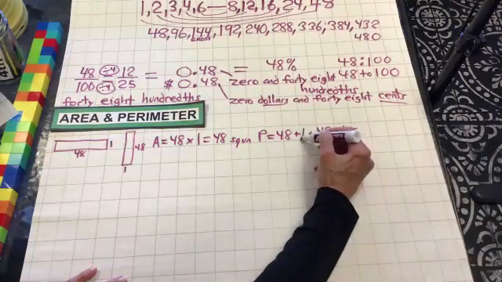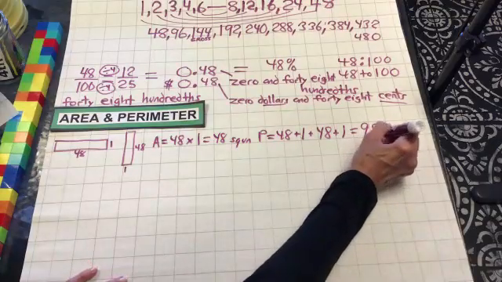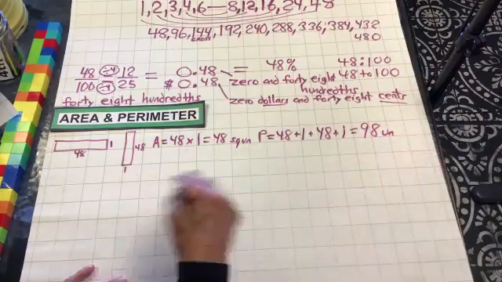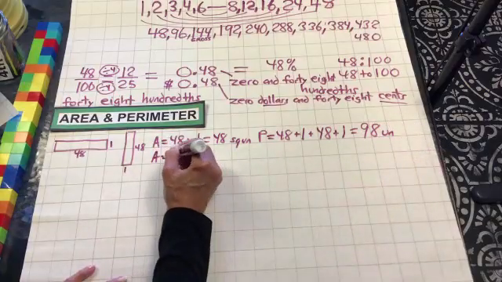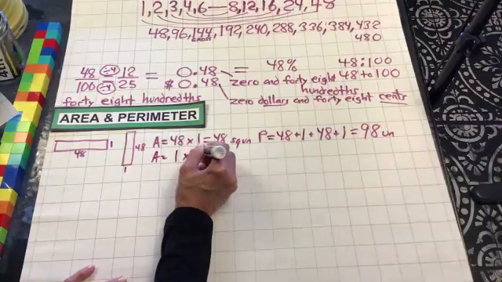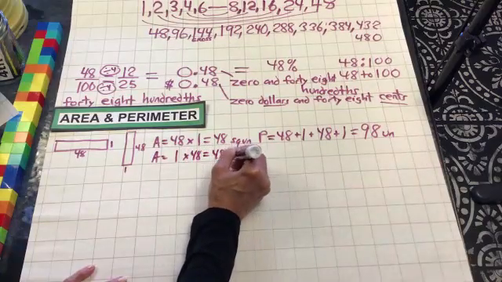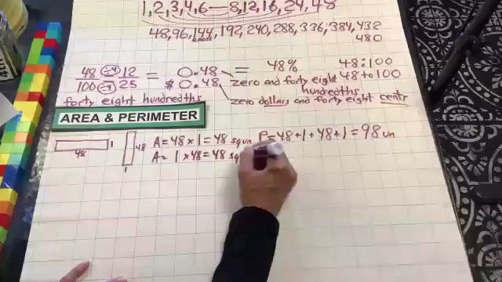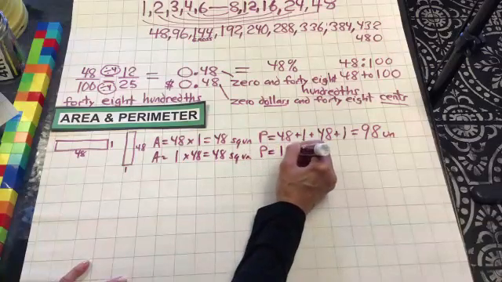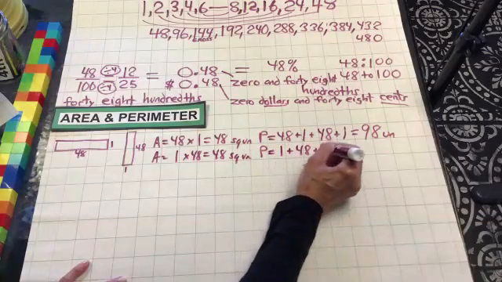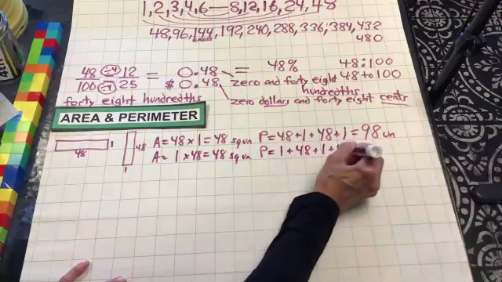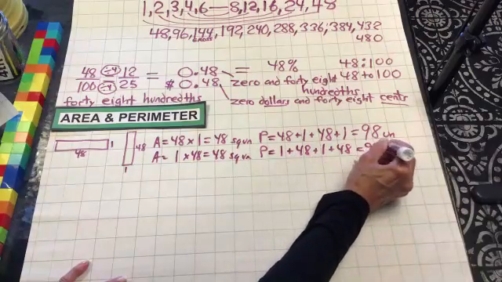So 96, 97, 98. So we have 98 units length around ours. And then the other way to write it would be a 1 by 48. And the perimeter would be 1 plus 48 plus 1 plus 48 equals 98.